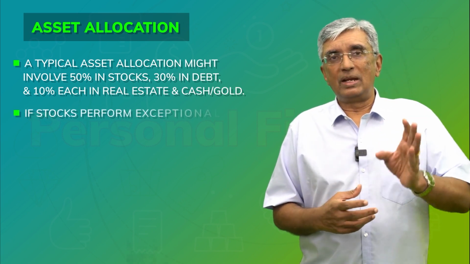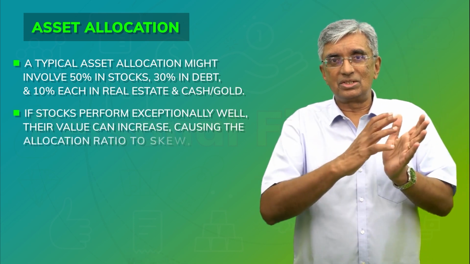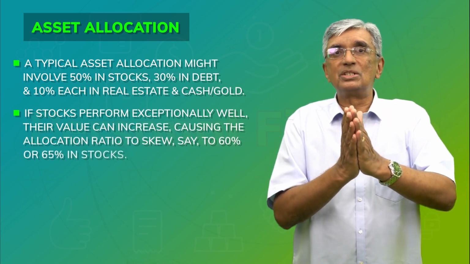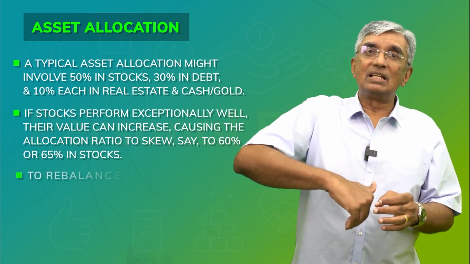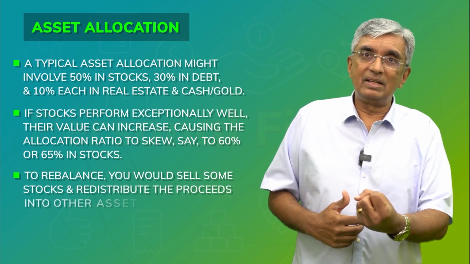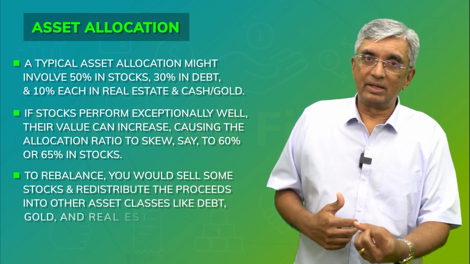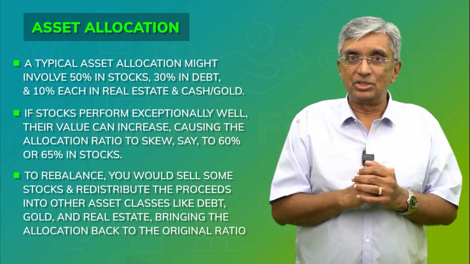If stocks do very well, all of a sudden their value could go up, in which case the ratio will skew more and more towards, say, 60% or 65%. In which case you would sell some of these stocks and add it back to the other remaining asset classes like debt and gold and real estate to once again bring it back to the same ratio.